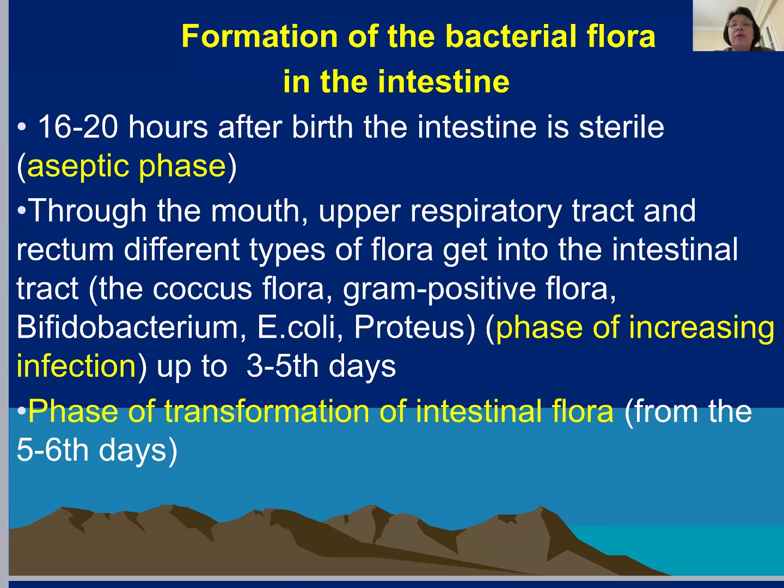Formation of the bacterial flora in the intestine. After birth, for 16 to 20 hours the intestine is sterile. This is the aseptic phase. Then, through the mouth, upper respiratory tract, and rectum, different types of flora get into the intestinal tract: coccus flora, gram-positive flora, bifidobacterium, Escherichia coli, proteus, and others.